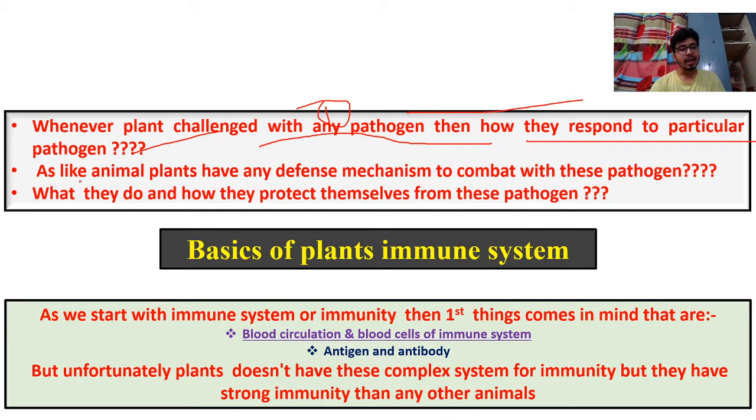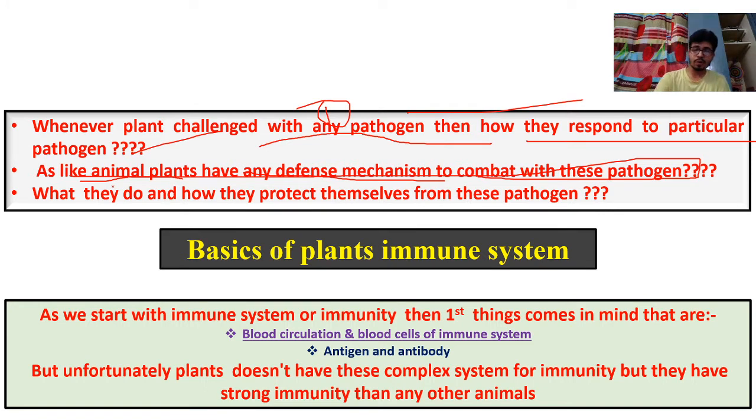The second question is, like animals, does a plant have any defense mechanism to combat this pathogen? And if there is such a plant-pathogen interaction, how do they respond to each other? Response and interaction are really very important to understand. In this lecture I will go through these things in detail: what they do and how they protect themselves from these pathogens.